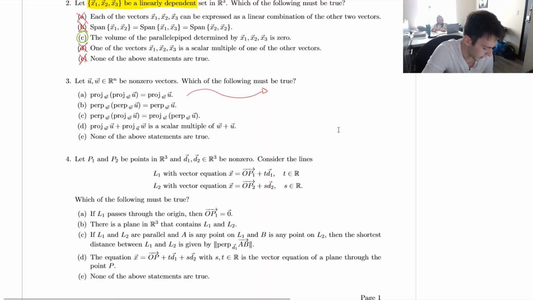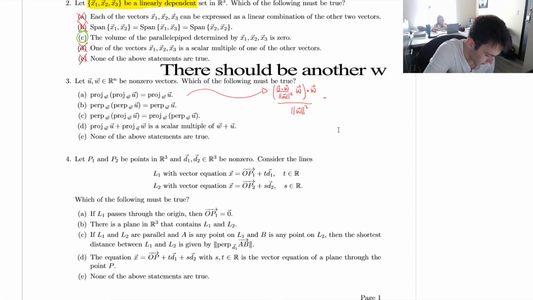If we were to write this out, we've got the projection of U onto W. So we've got U dot W over the magnitude of W squared, all times W, and that's all dotted with W divided by the magnitude of W squared, and we need to see if this is equal to just the projection of U onto W.